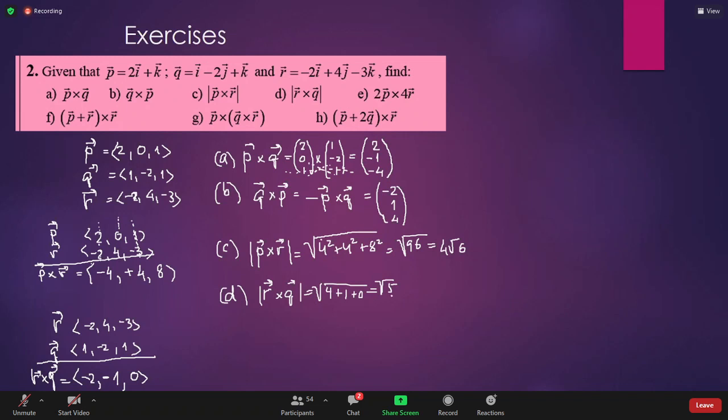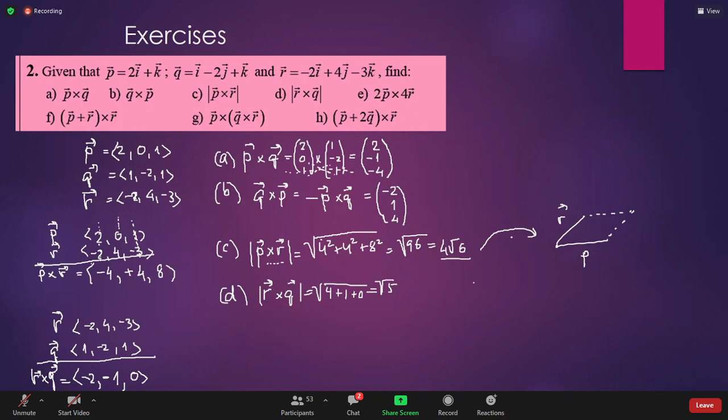So what in fact we find when we compute these values C and D, if I have the vector P and the vector R, and if we imagine that the parallelogram is built on these two vectors, then if we find the cross product of these vectors, and then the magnitude of this cross product, then this number would actually be the area of that parallelogram. This is how we use it for parallelograms.